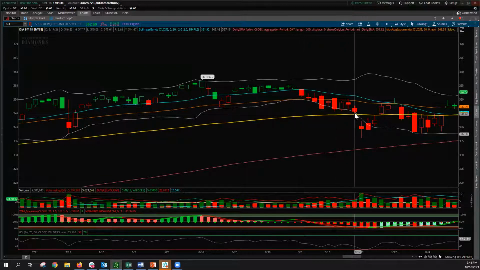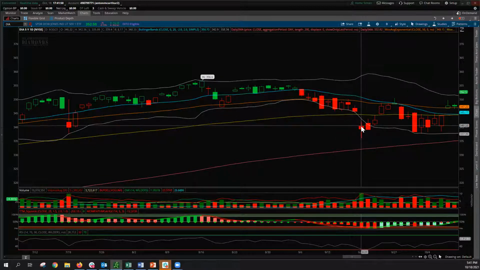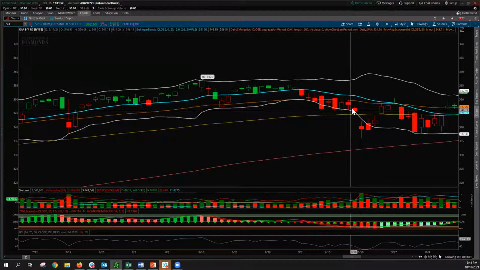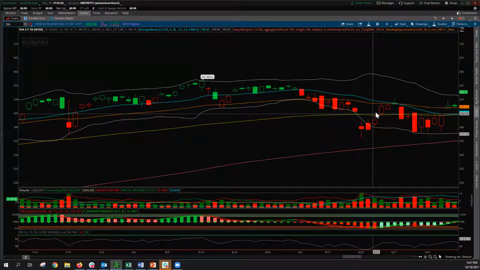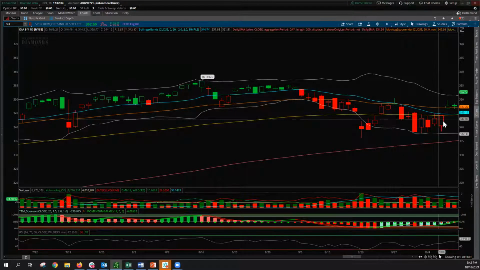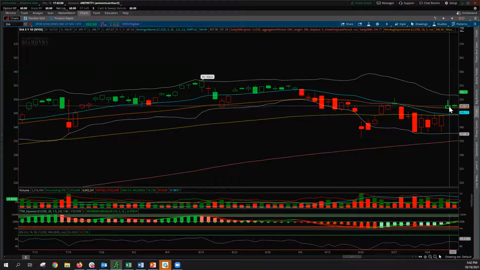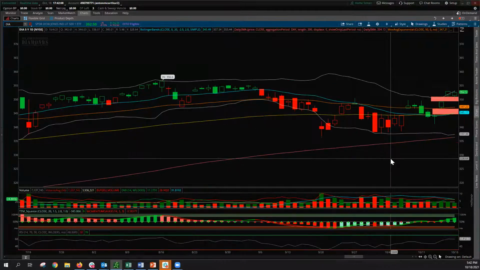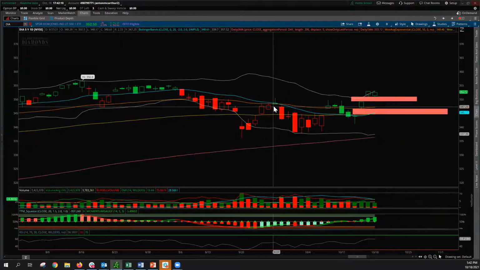Then it continued to drop all the way down until it created this gap. What happened with this gap? 3 to 4 days later, it was filled. Tiny gap here. That was filled when we gapped up here. So what I'm seeing is this tiny gap came all the way down.